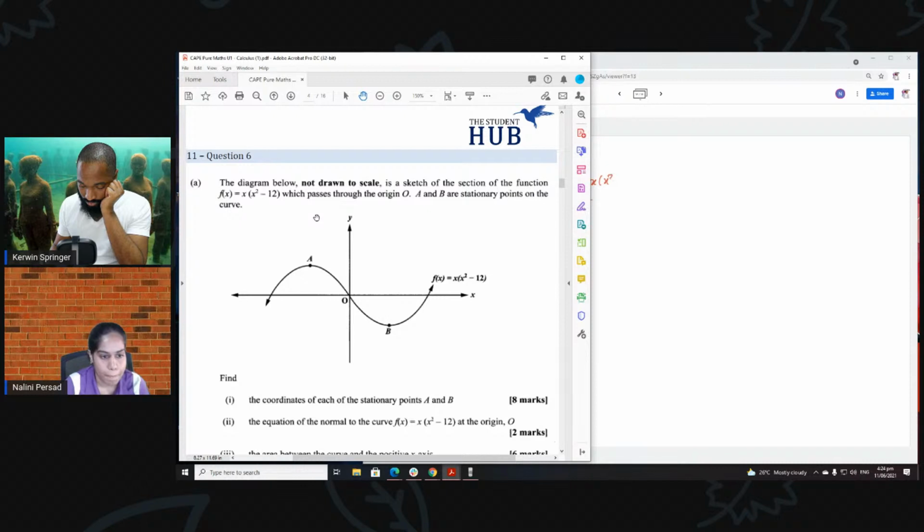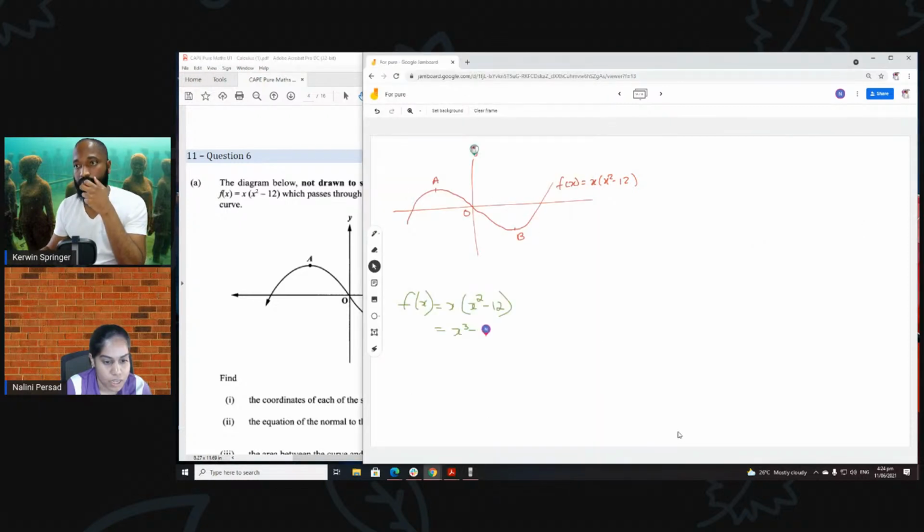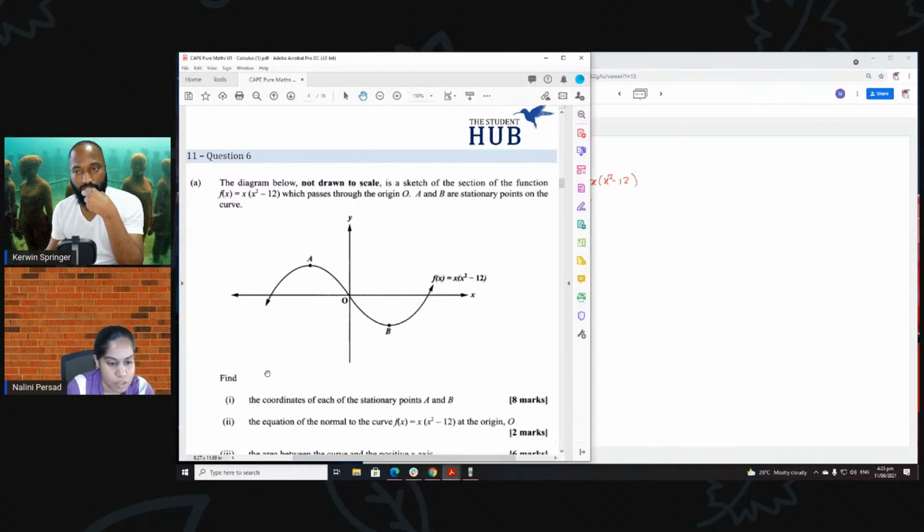So f of x is equal to x times x squared minus 12. Let's expand that. We'll get x cubed minus 12x. So we can easily differentiate it, right? So f prime of x, when we're differentiating, bring down the power, minus 1 from the power, so you get 3x squared minus 12.